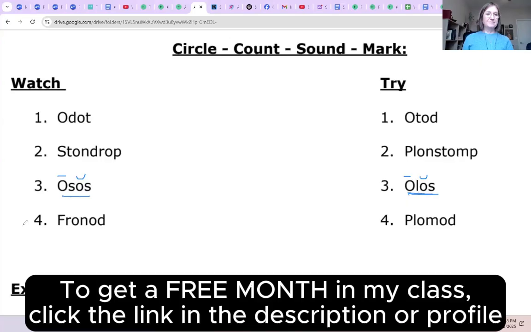Number 4. This O is going to say O because there's a vowel 1 or 2 doors away. This O will say ah because there's not a vowel 1 or 2 doors away. So our sounds are f, r, o, n, a, d. Now, do you remember when I just taught you this little syllable division hack, where if there's 2 consonants, you can divide them?